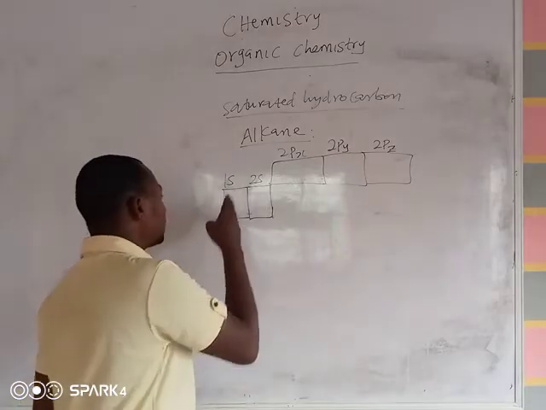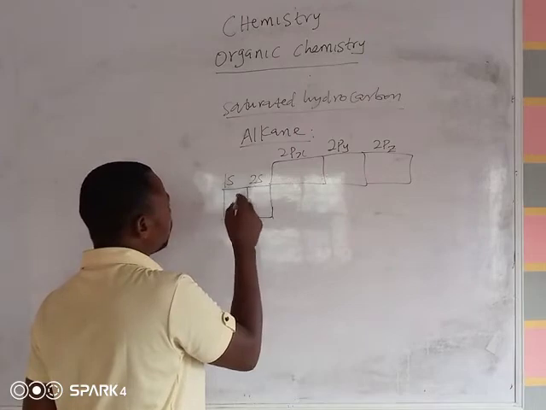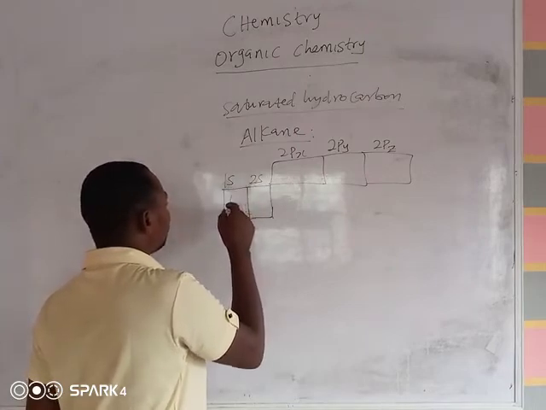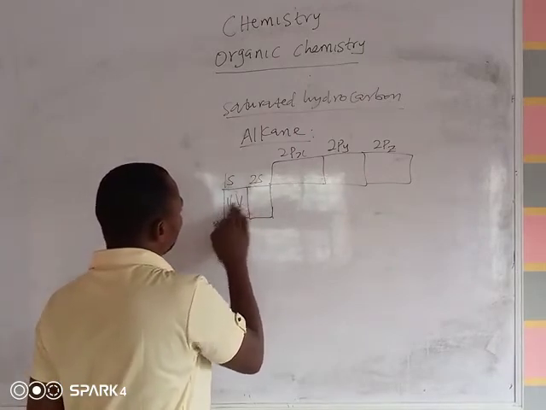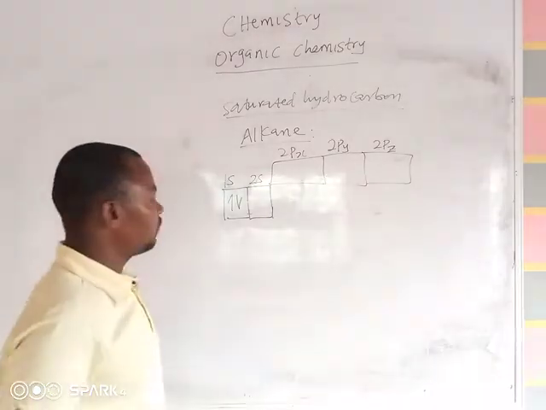So, first, the ground state orbital must be complete. So the 1s orbital is already filled.